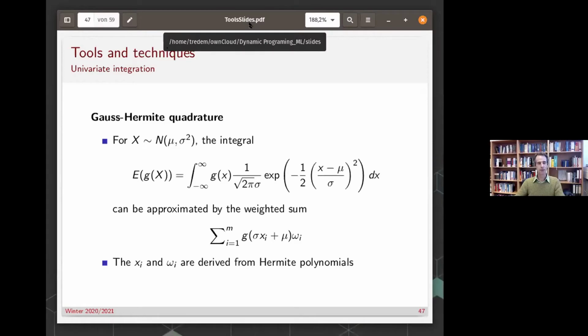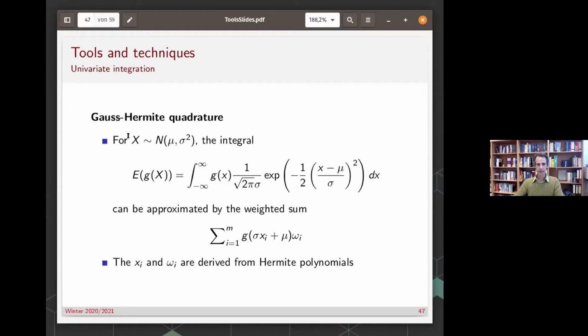There are many ways to do the integration, but one which is quite convenient, accurate and fast is the Gauss-Hermite quadrature method, where you assume that you have a normally distributed variable. If it's not normally distributed, this is still often a good approximation.